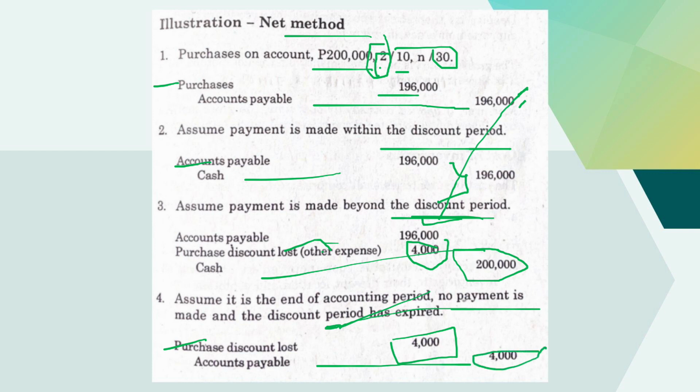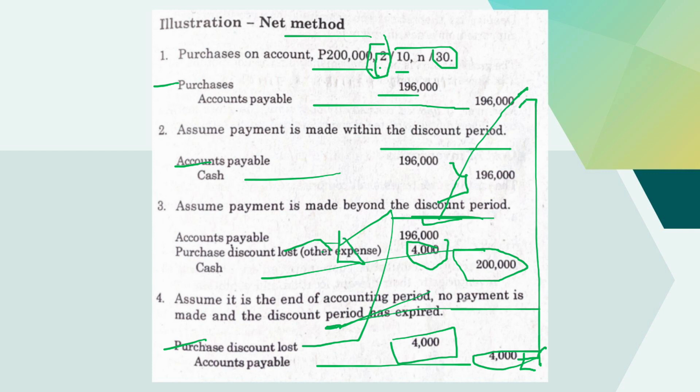Bakit? Kasi ang na-recognize mo dito is 196,000. Ang dapat mong babayaran kapag hindi mo na-reach yung 30 days is 200,000. Therefore, dadagdagan mo yung liability mo ng 4,000, and you will use an account to debit it, yung purchase discount loss, and this forms part of the other expenses.